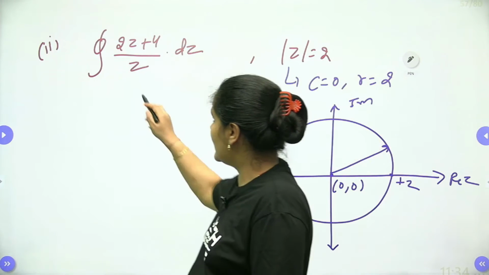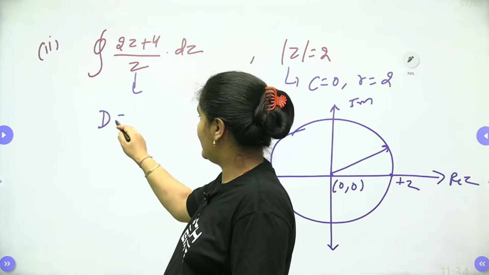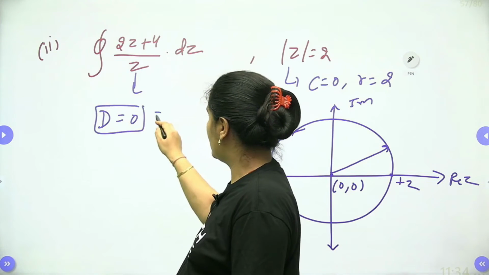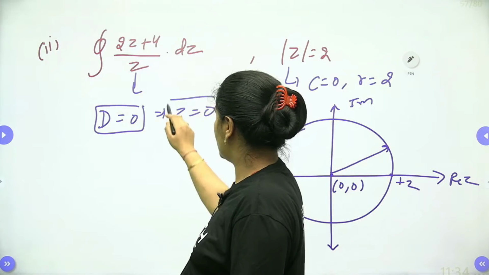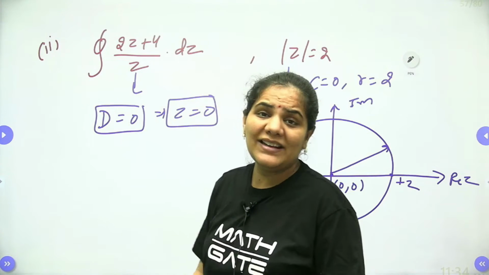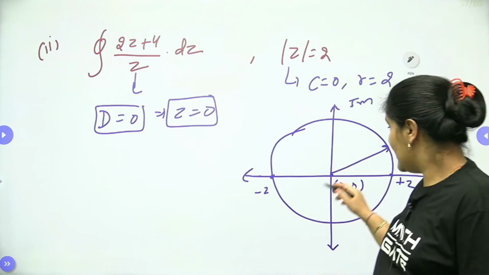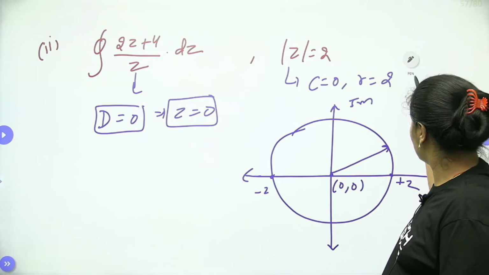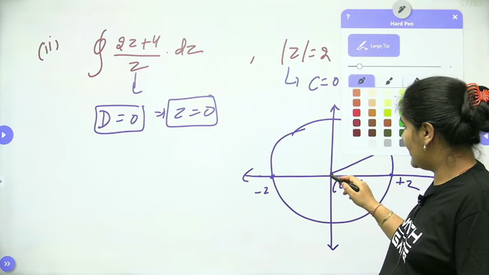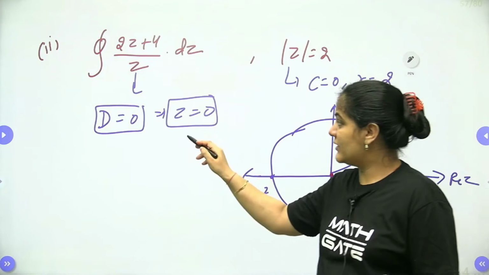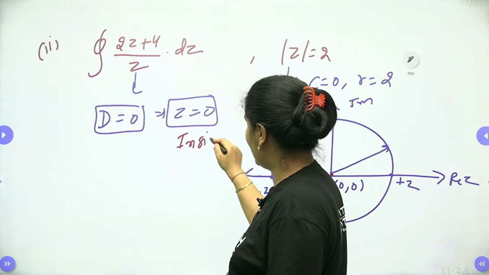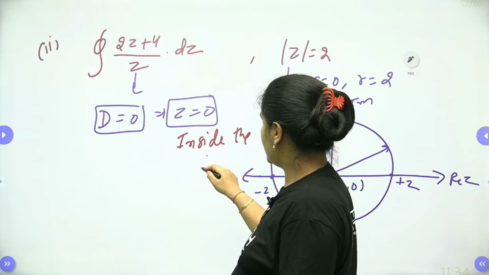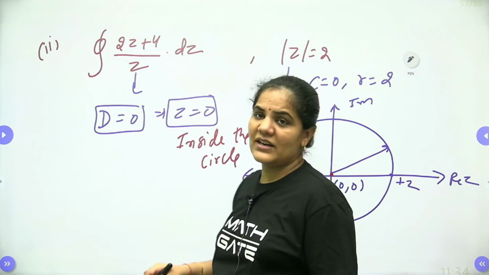So let's see here. When we put the denominator equals to 0, z is equals to 0. So we have a pole at z is equals to 0, which is the center of the circle, right? So z is equals to 0 is lying inside the circle, inside the closed curve.